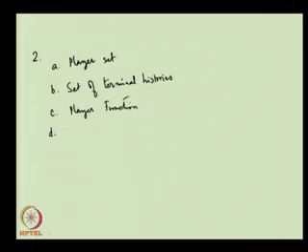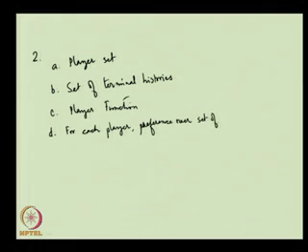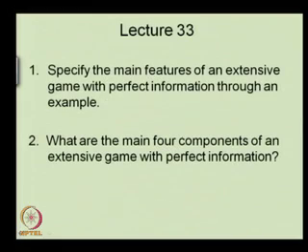And fourthly, for each player, preference over the set of terminal histories. So, each player must specify which terminal history he prefers the most, which second most, and so on. So, these are the four important components of an extensive game with perfect information.